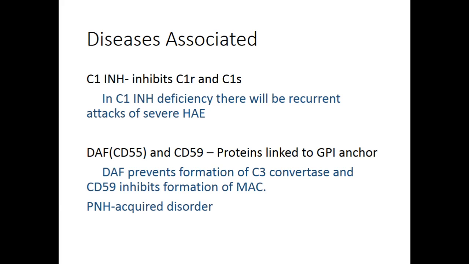That is the normal function, and the normal function of CD59 is that it inhibits the formation of the membrane attack complex. So in case of PNH, which is an acquired disorder, there is a deficiency or a problem with the functioning of the GPI anchor. So when the GPI anchor does not anchor to the surface of RBCs, the CD55 and CD59 also cannot anchor to the surface of RBCs, and so there will be overactivity and ultimately destruction and lysis of the RBCs.